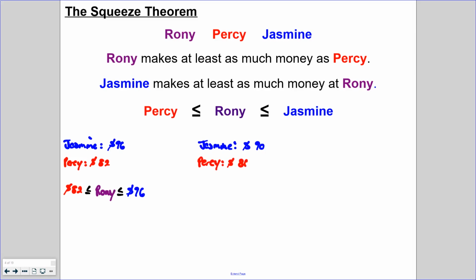This is going to shrink the range because, based on our inequality, we know that Ronnie is going to make between $86 and $90. But again, this is still a range. This is a range of $4, so there's no real way that we can determine how much Ronnie makes.